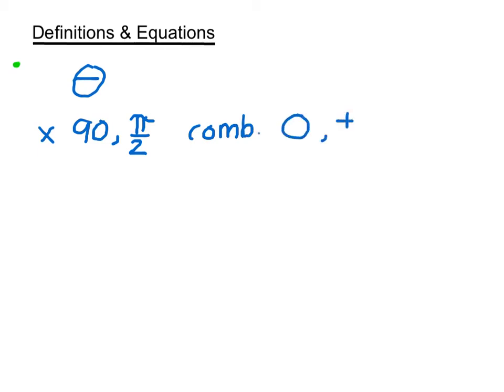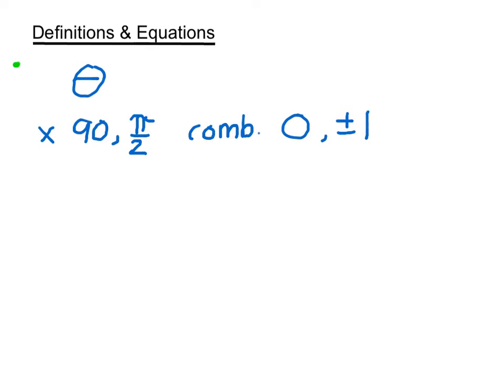To recap, if theta is a multiple of 90, which we know is pi over 2, then the coordinates of those points are going to be combinations of 0 and plus or minus 1.